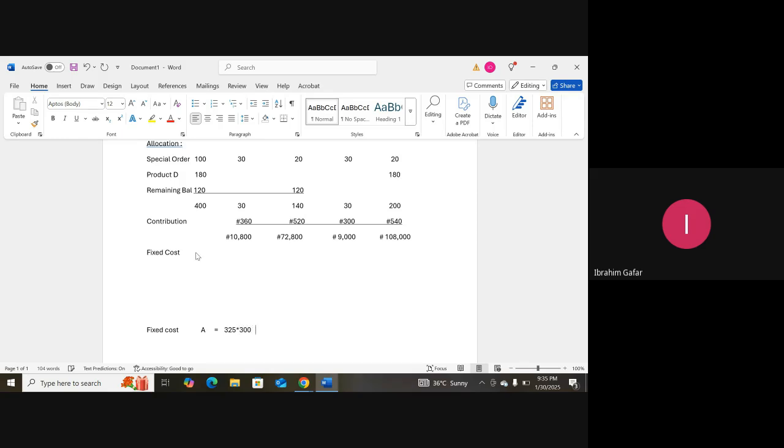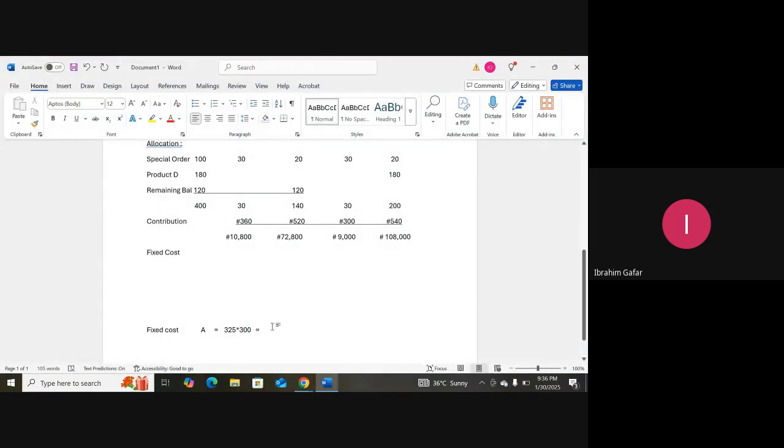I think you know how I got my 300. 300 represents the total demand for A, because 10% of it is the special order. So automatically it is 300. I've explained that one. So 300.